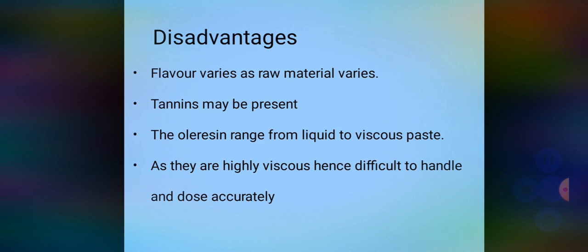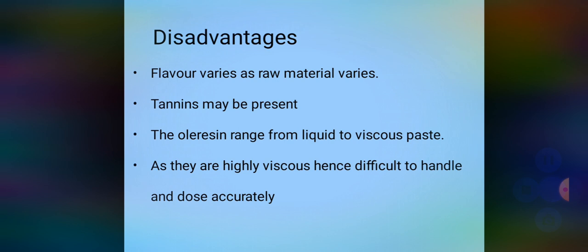Then oils are free from tannins, and oleoresin contains some amount of tannins. Spice oil can be adulterated, but spice oleoresins cannot be adulterated because their consistency is quite high. They are viscous in nature. Spice oils are not well concentrated, but oleoresins are highly concentrated.